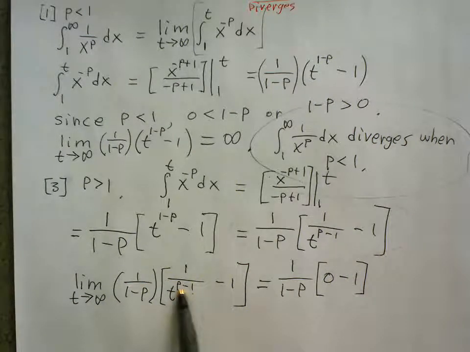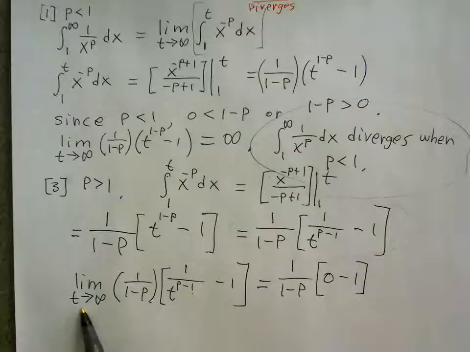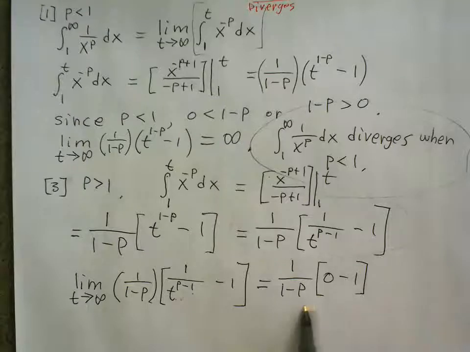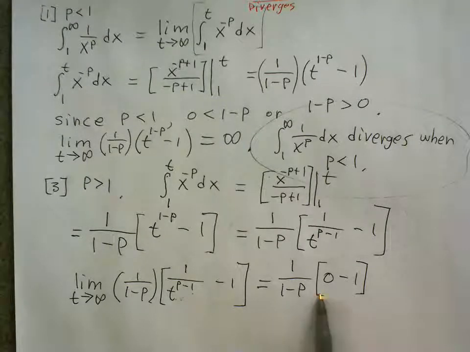And since p minus 1, this exponent, is positive, 1 over t to a positive exponent approaches 0 as t approaches infinity. In other words, this denominator approaches infinity, and 1 over infinity is 0. So we get 1 over 1 minus p times the quantity 0 minus 1.